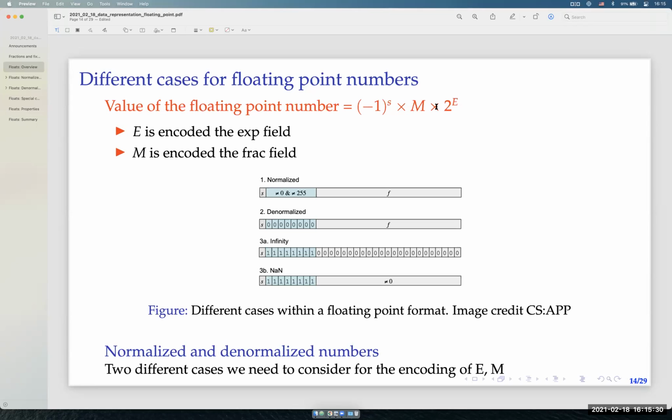So what I've shown you in the example is going from the value, the real number. In that example case, how would you encode 12.375, which is a real number, as bits in a floating point number. So that's working from a real number to the floating point representation.